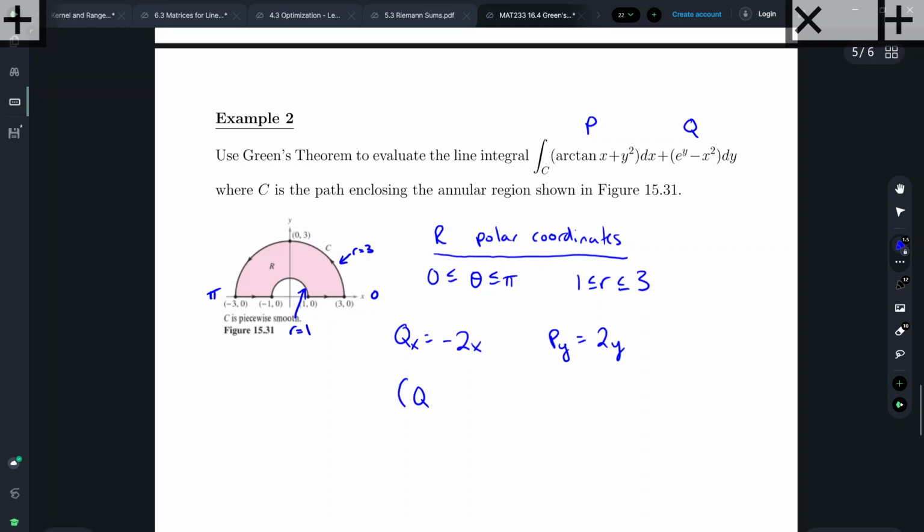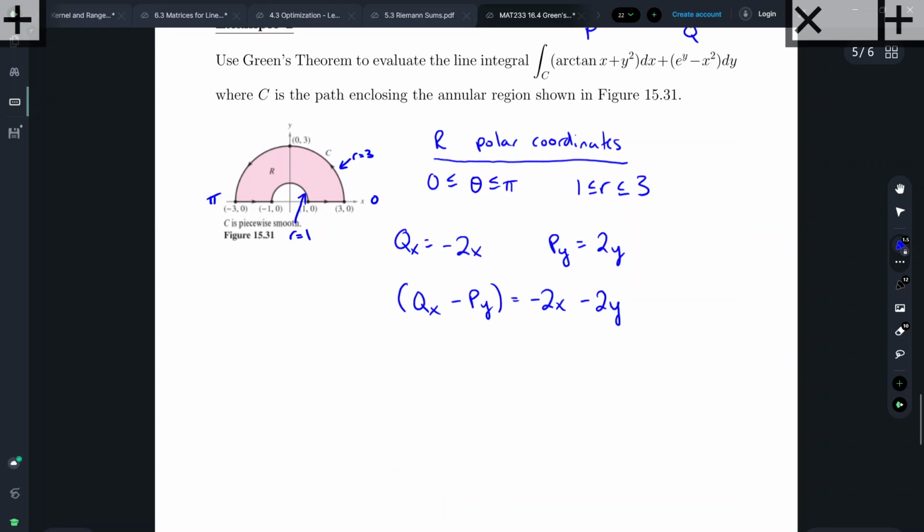So now Q sub x minus P sub y is just minus 2x minus 2y. Notice how in calculating these partial derivatives, the setup for the double integral is much simpler than the original components for the vector field.